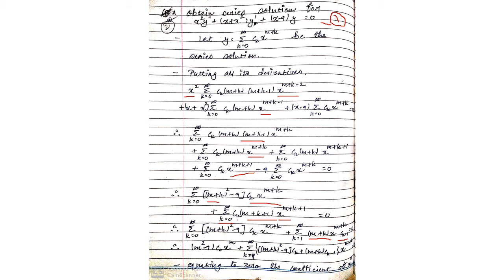So in the first term you have to apply k equals to 0 here. Okay, so in place of k I am putting k equals to 0. So m plus 0 whole square, that is m square minus 9, here I have written c0, in place of k we will write 0, so that will be c0 x raised to m, again this k will be 0, so x raised to m.